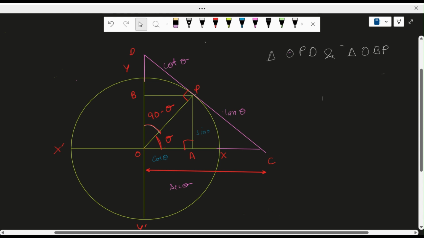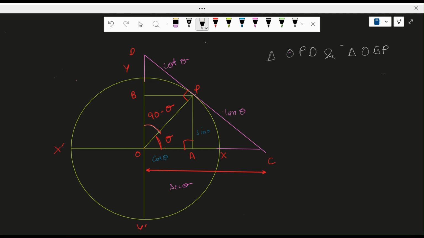So we can see here in triangle OPD, our base is OP and our hypotenuse is OD. That will be equal in triangle OBP. Our base is OB and our hypotenuse is again OP. So OD is equal to OP into OP upon OB.